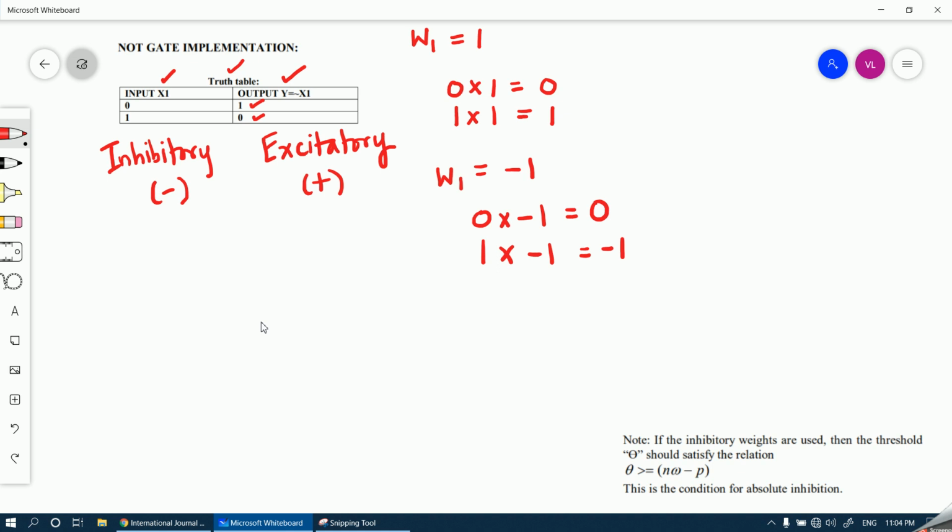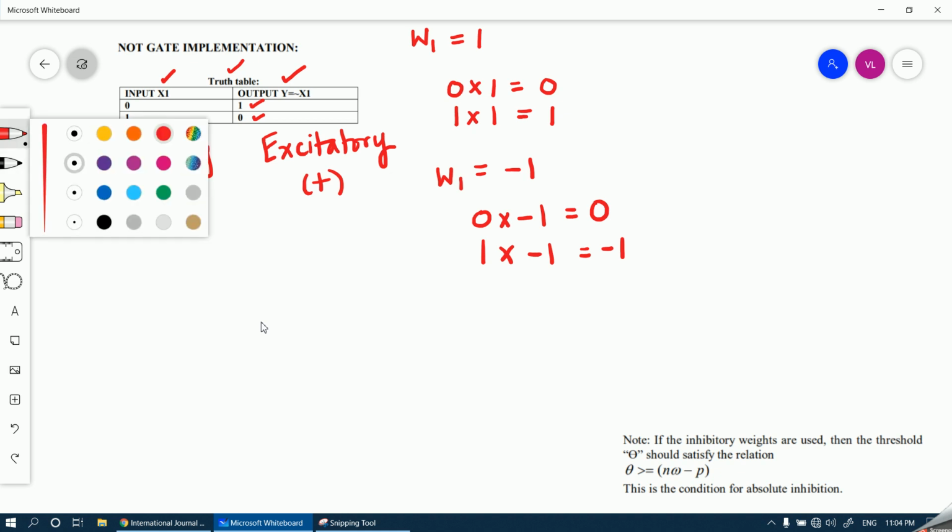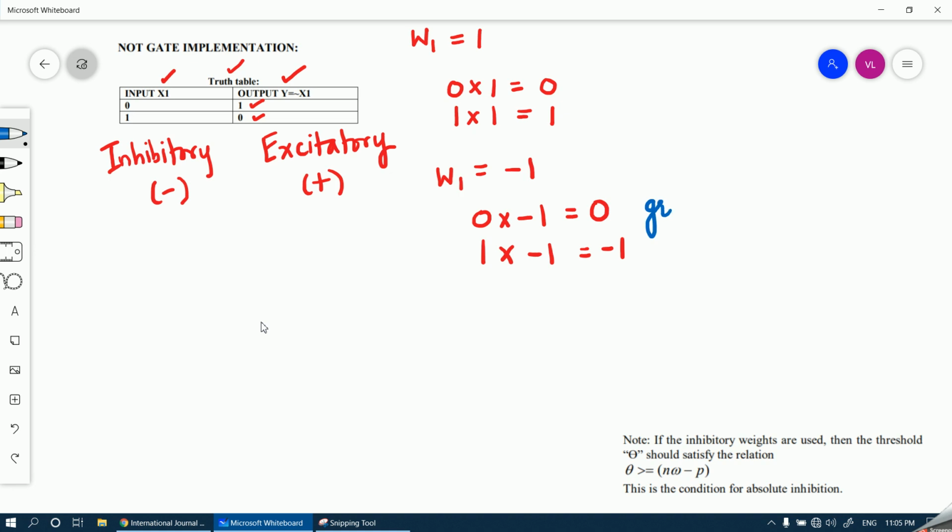So here in this case, we'll consider the first case or the first record. Here 0 is less than 1, so this case ideally doesn't satisfy. Whereas if you consider this case, 0 is greater than -1.